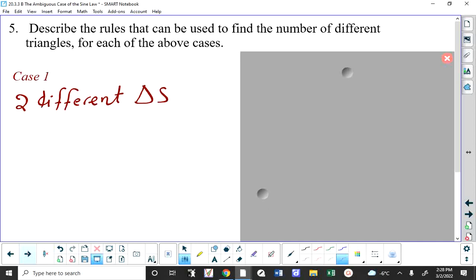Well, side A has to be smaller than side B. It can't be, by the way, if side A is ever equal to side B, well, we'll deal with that in a second. Side A has to be smaller than side B, but it has to be greater than the height of the triangle.